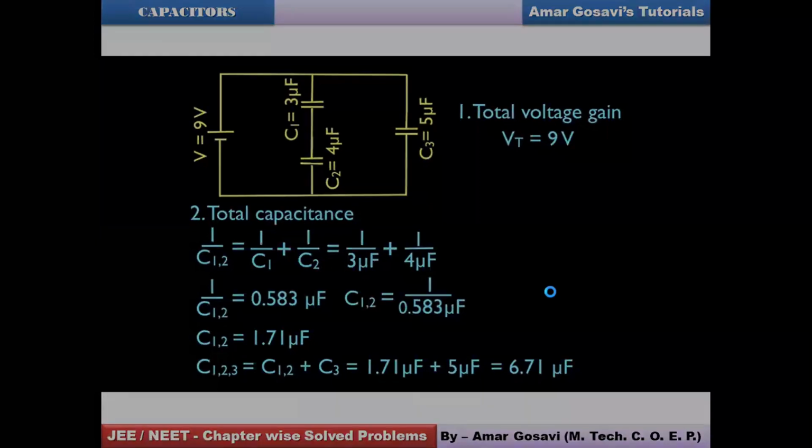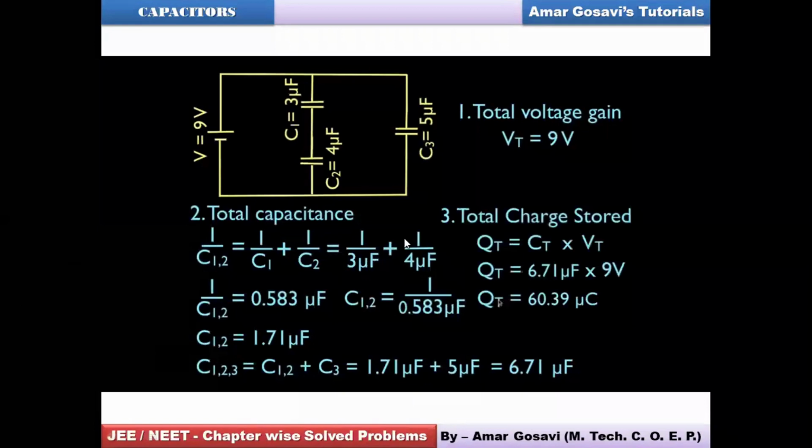Okay. The third thing they are expecting is the total charge stored. The total charge stored would be the total capacitance of the circuit multiplied by the total voltage gain. So the total capacitance we have worked out is 6.71 microfarad multiplied by 9 volt. That comes out to be the total charge equal to 6.39 microcoulomb.